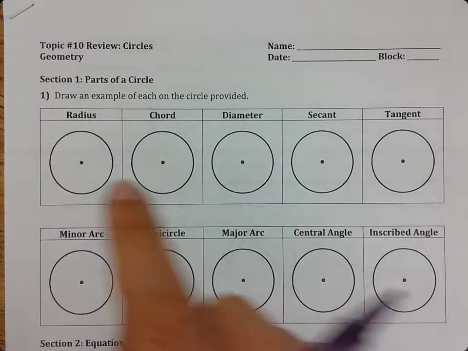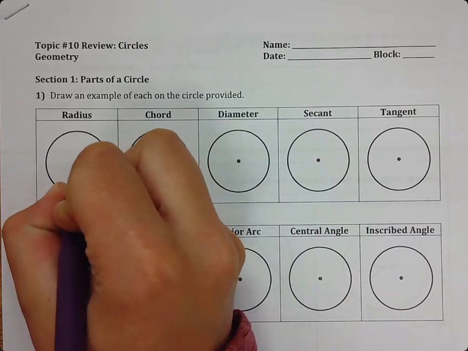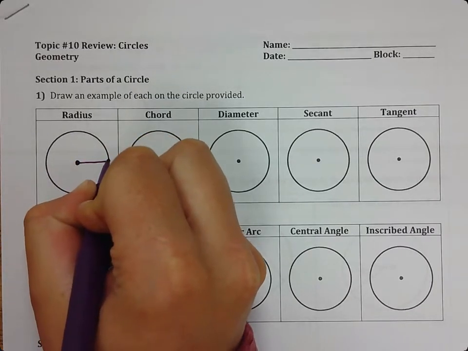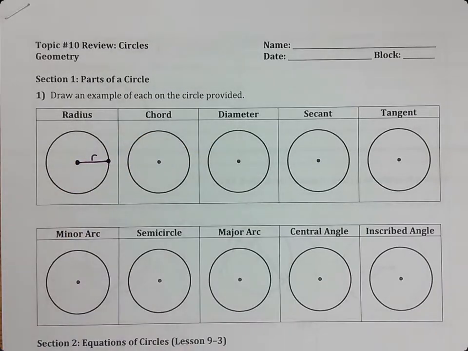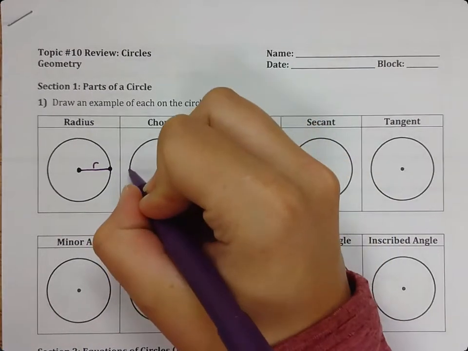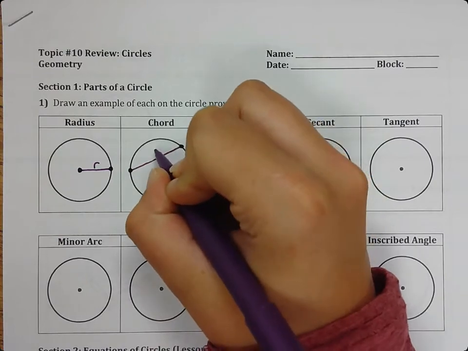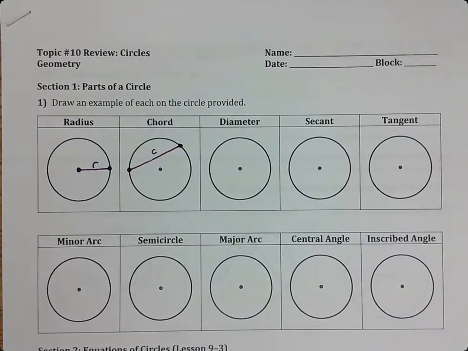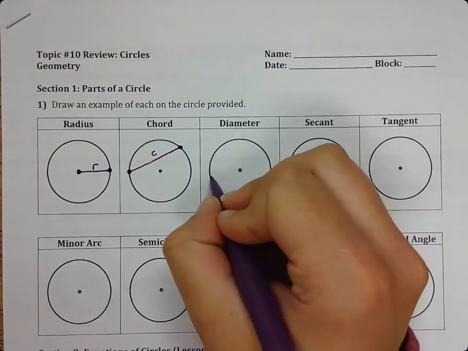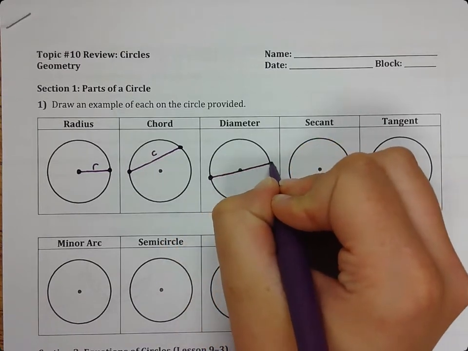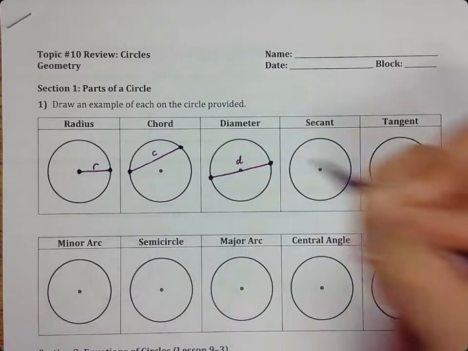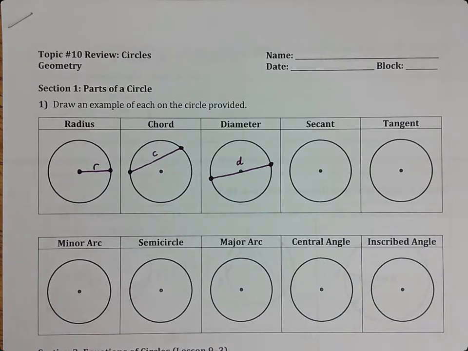And the first one is a radius, which I know starts at the center of my circle and goes to the outer edge. Can label that R. A chord has two endpoints on the circle, but doesn't go through the center. The diameter has two endpoints on the circle and goes directly through the center.